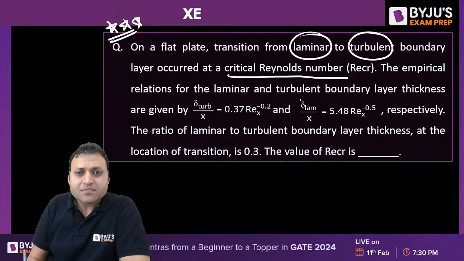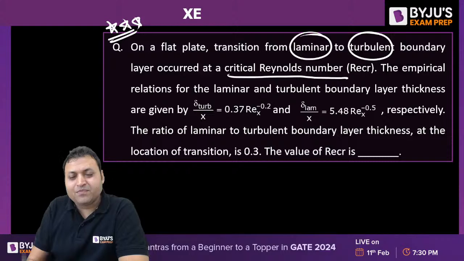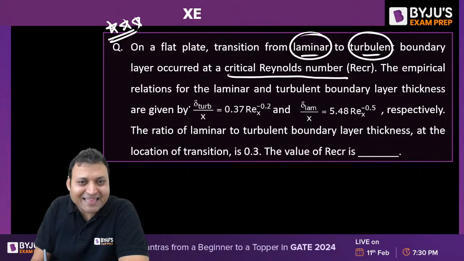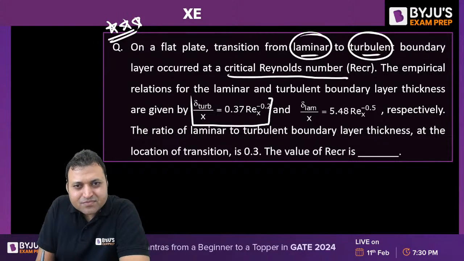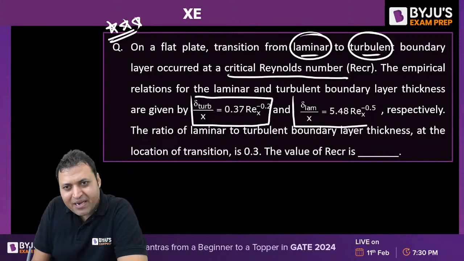So the transition from laminar to turbulent takes place at the critical value of Reynolds number. The empirical relations for the laminar and turbulent boundary layer thicknesses are given by this. LAM is laminar, TURB is turbulent.